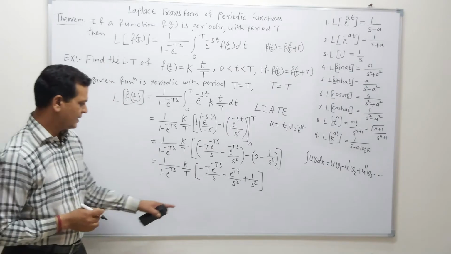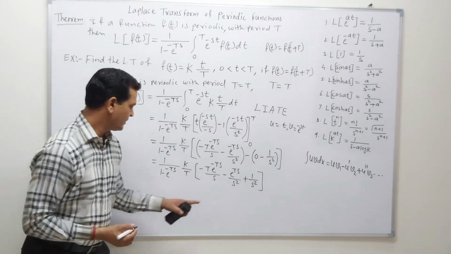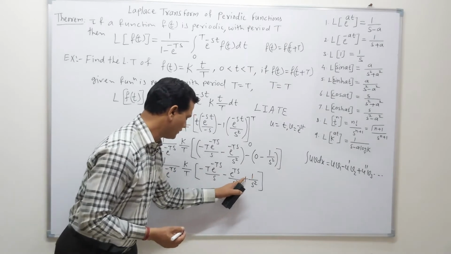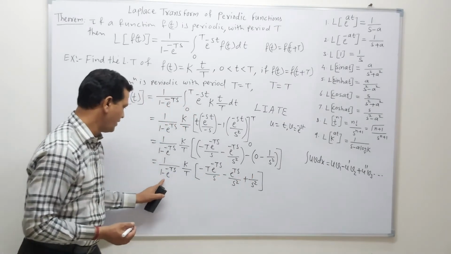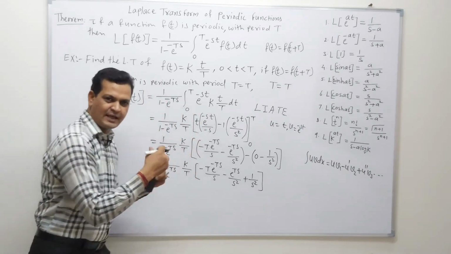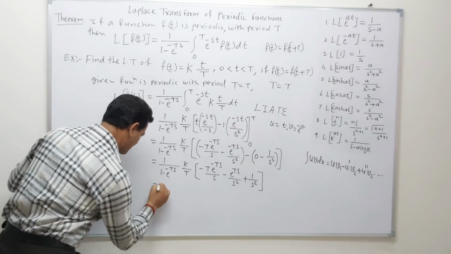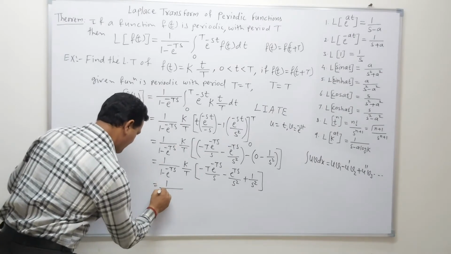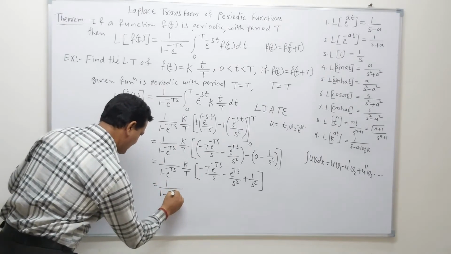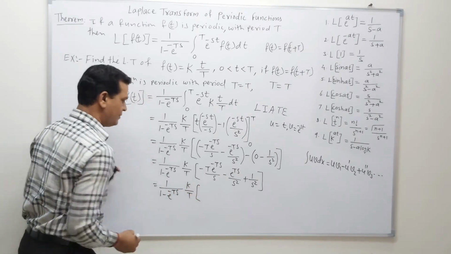Now observe that in the first and second terms, if we take s square common, we get 1 minus e raised to minus Ts, which is present in the denominator. So for getting the adjustment of this term, take these two terms common, so we get the next step as 1 upon 1 minus e raised to minus Ts, then k upon T, in the bracket.